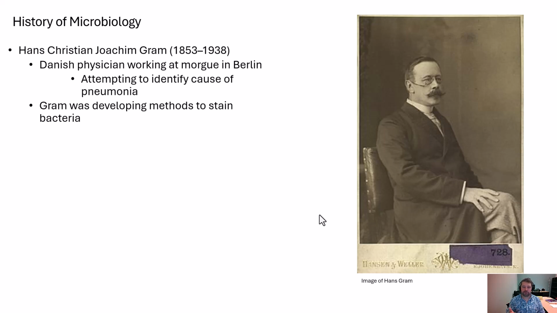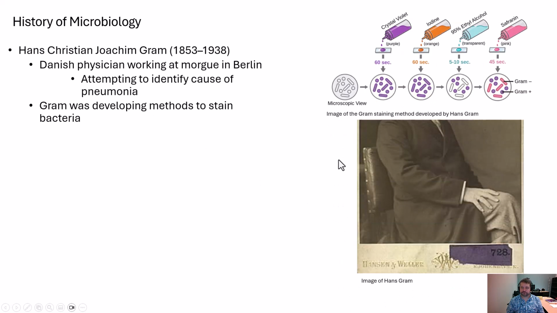So you have to devise some way to stain the outside cell wall of these organisms, in order to get a look at them and determine if they're the same species, or at least the same type, that you find in every individual that may have died from pneumonia. And that's exactly what Gram did.